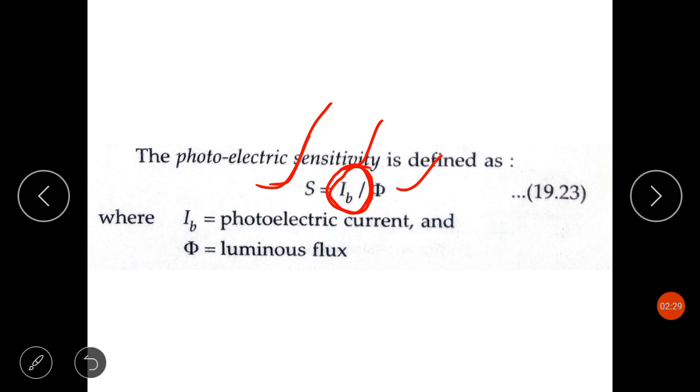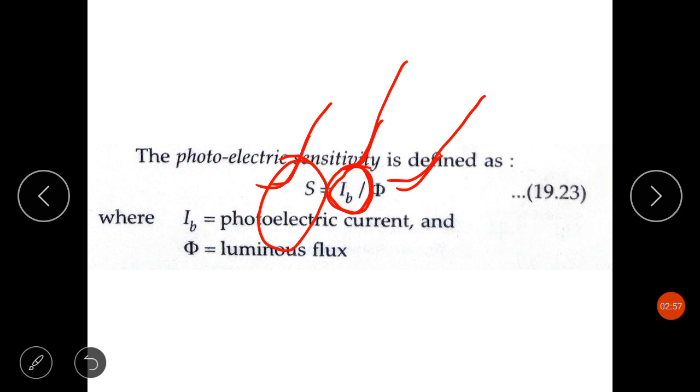For a photoelectric optical detector, the input is the luminous intensity of the light and the output is the photoelectric current. So for that low level luminous light intensity, it can produce a very high photoelectric current.